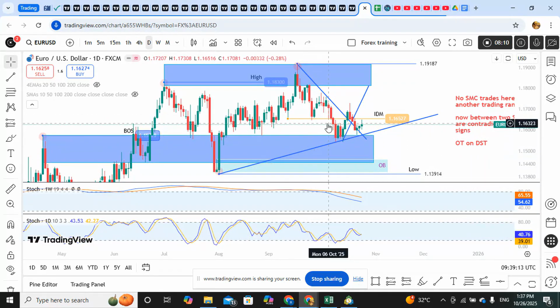Let's say it touched here in this case. Well, this is not representative, but let's say it touched the support, but it was still here in the middle. I will close it because we have another POI that is saying we might move in a different direction, and I will close it at that level. Let's say it already touched the IDM, the inducement. Look here, it went up.